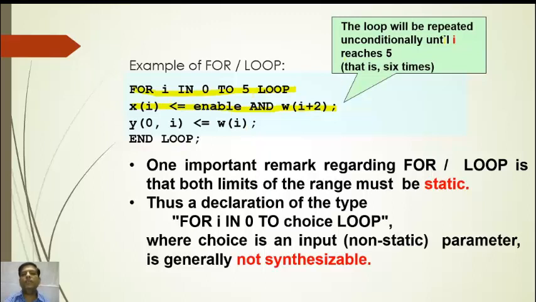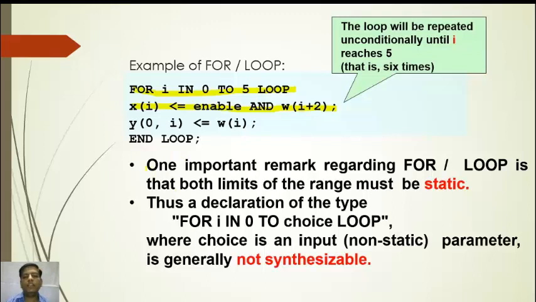The loop will be repeated unconditionally until I reaches 5, that is 6 times, because it starts from 0 and ends at 5. So in total it is executed 6 times and then the loop is exited. Otherwise it is repeated.